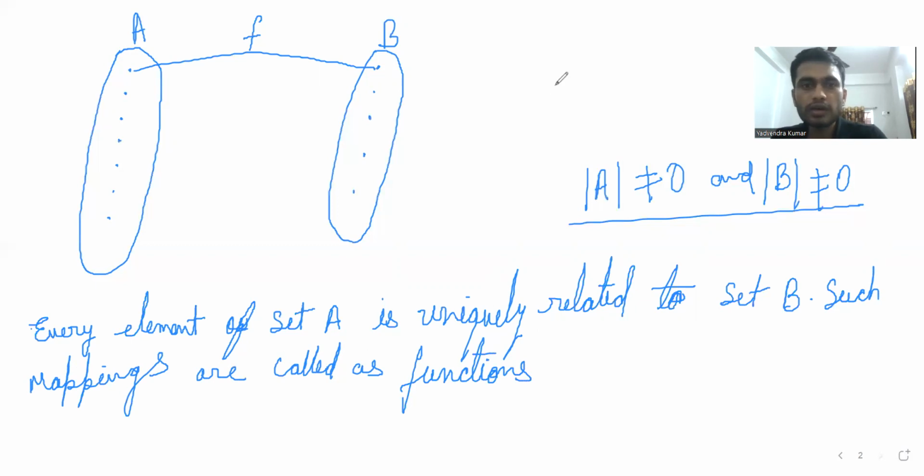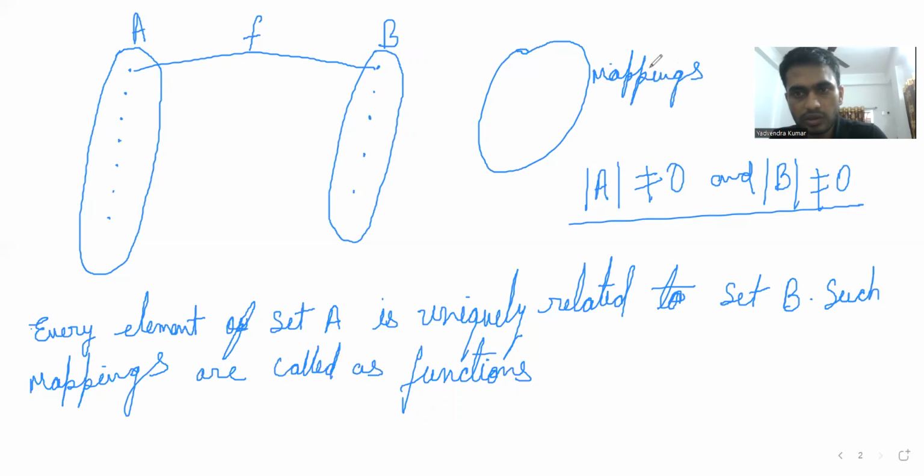So basically, functions are mappings between two sets. If we consider all mappings to be here, there would be some set of functions inside it, right? So functions would be here. This is how it looks. All mappings are there, and some of the mappings are going to be functions, right?